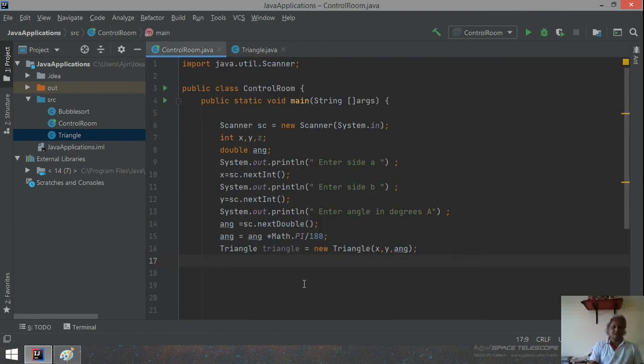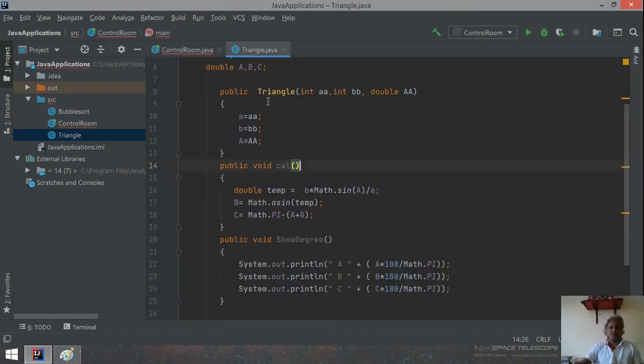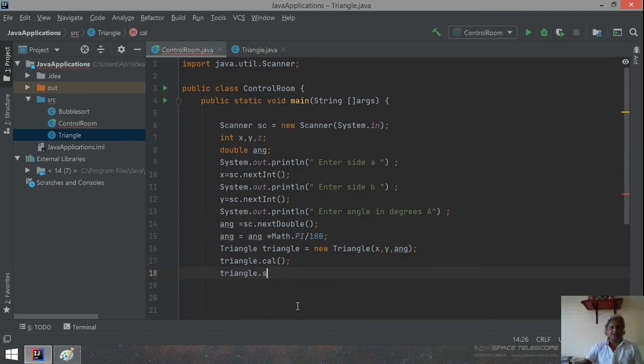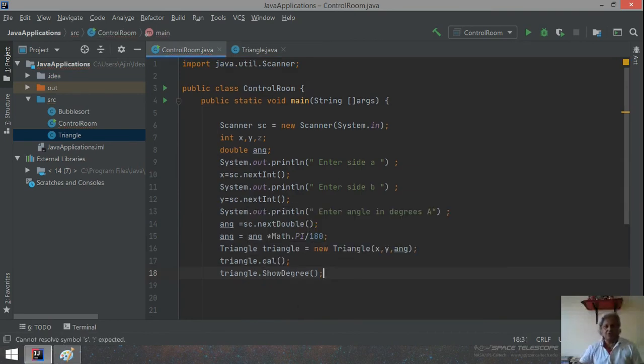So this one is triangle dot cal, and then triangle dot, what is the name of the other function, show degree, triangle dot show degree. Okay, now let me run.